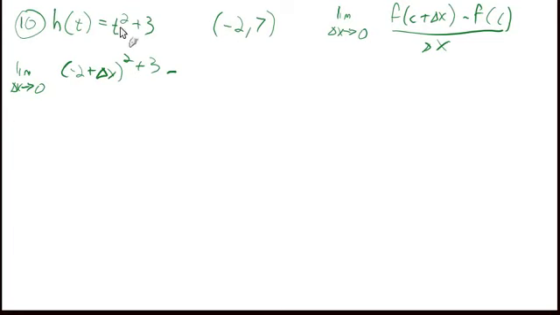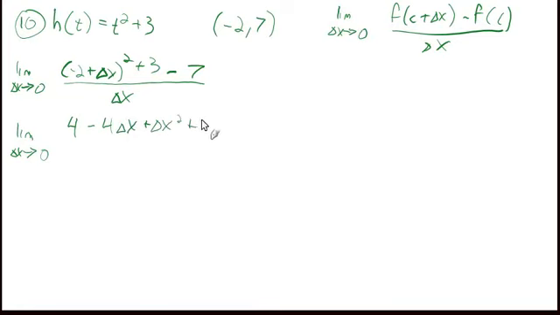If we put -2 into here, we would get out a 7. That's what they're saying. So we start to clean it up. This is going to be a positive 4 minus 4 delta x plus delta x squared plus 3 minus 7.